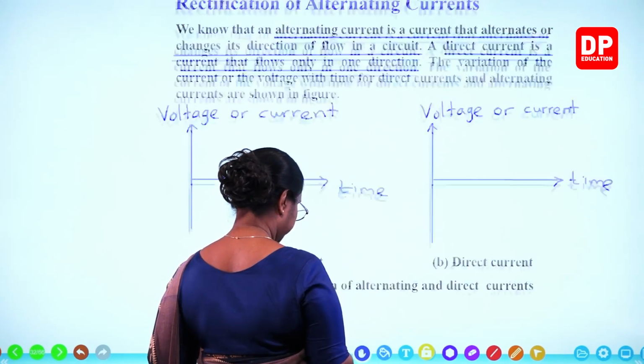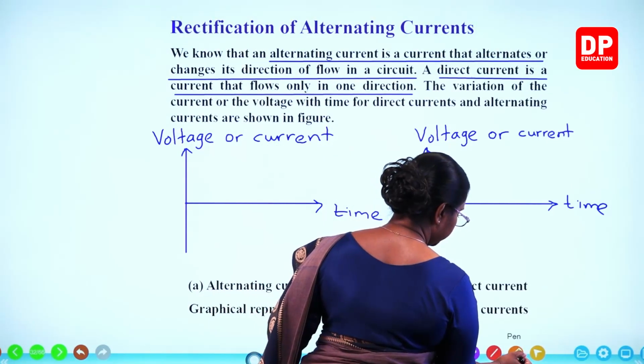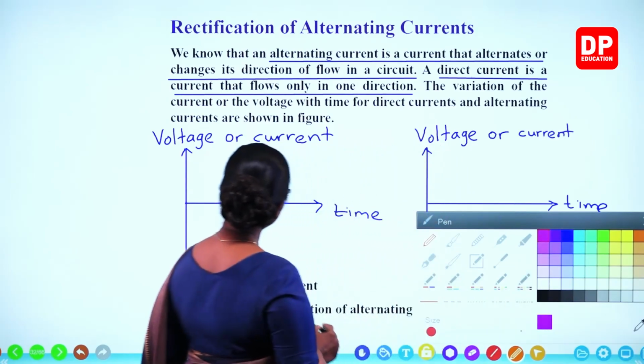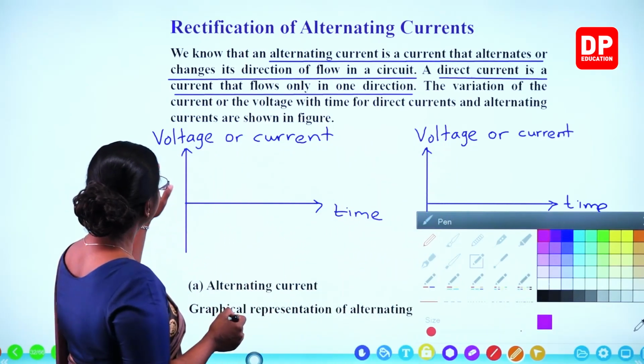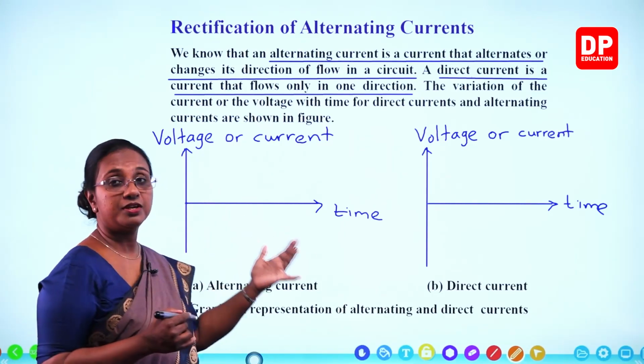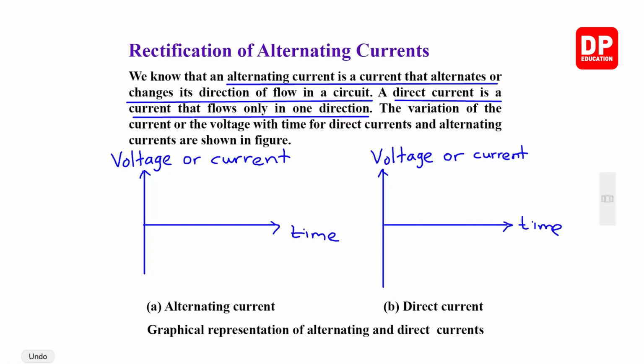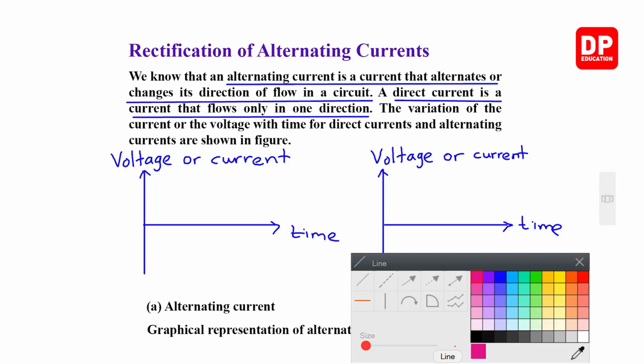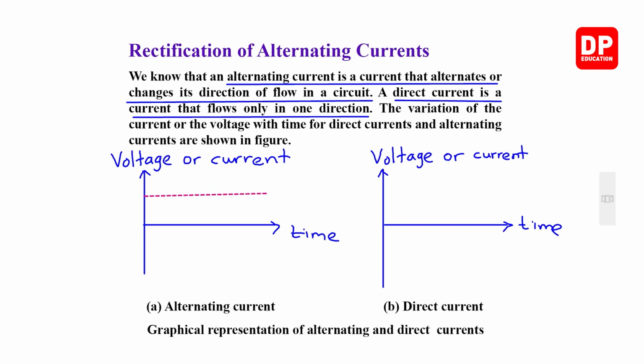So, if we plot the voltage or current, you all know it will vary, the direction will change. Here what I will do is, I will mark the positive and negative potential. Here this will be positive, this will be negative, this is the 0.